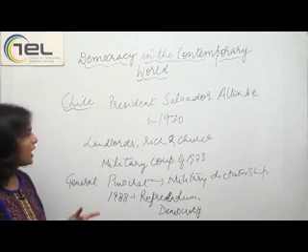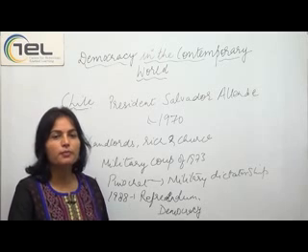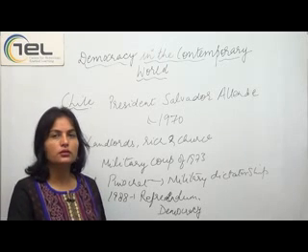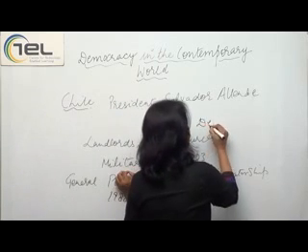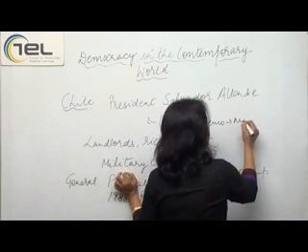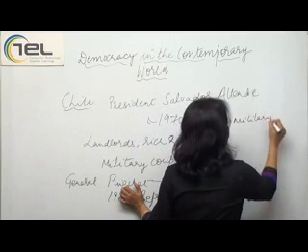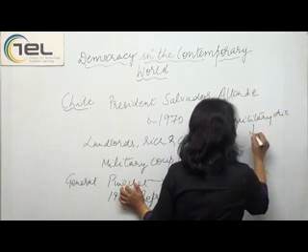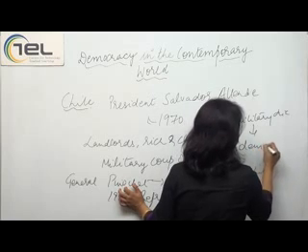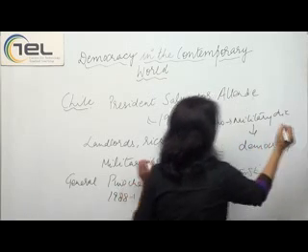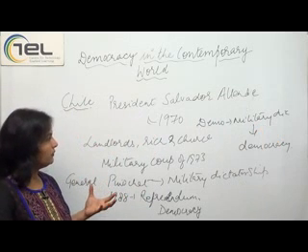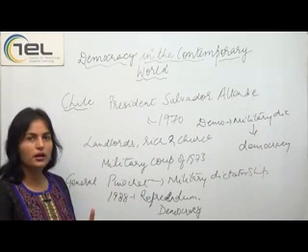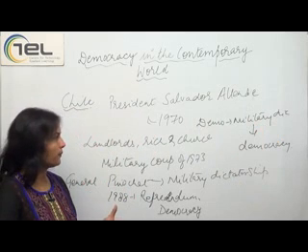So right now what we have studied in Chile is the transition of democracy to military dictatorship, and finally again to democracy. So what we can conclude is that democracy didn't remain stable for a long time.